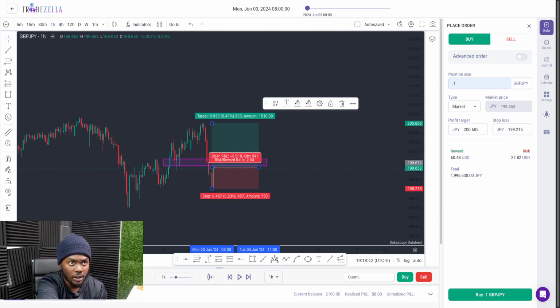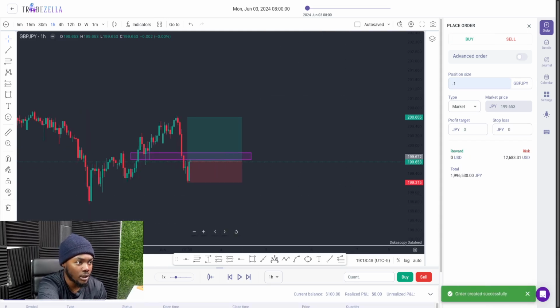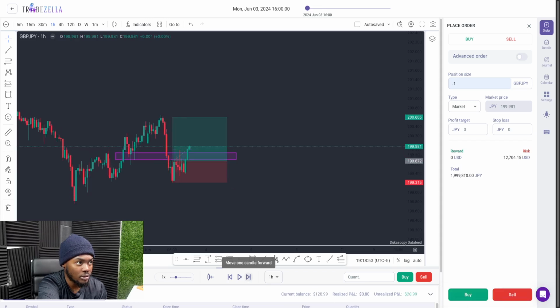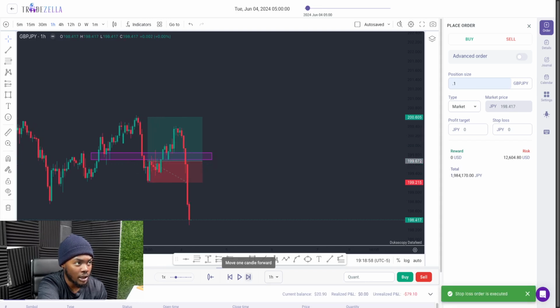And then I'm going to hit buy, so I actually execute the order, and then I'm going to play it out in real time. So let's see if this actually hits TP, and it looks like it hits stop loss, right? Stop loss order is executed.